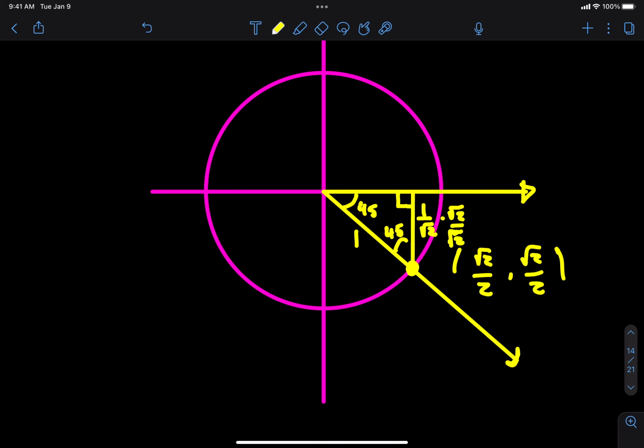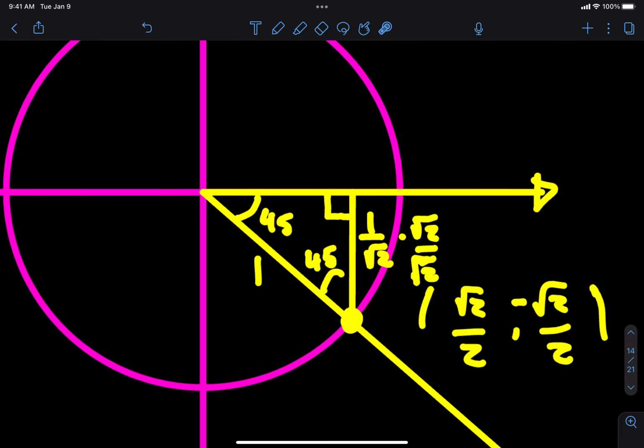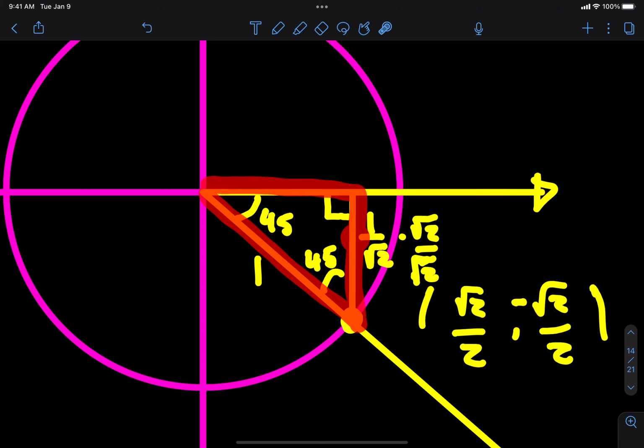Yeah, the y value needs to be negative. Where is this point? It's in the fourth quadrant. Points in the fourth quadrant have a positive x value and a negative y value. So I should make this one negative, because what are we describing here with this triangle? When we solve this triangle, we're not describing the coordinates of this point. We are describing the lengths of the sides.